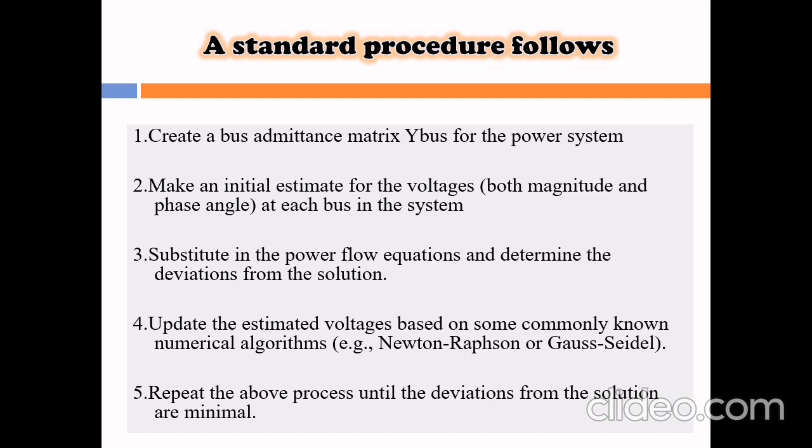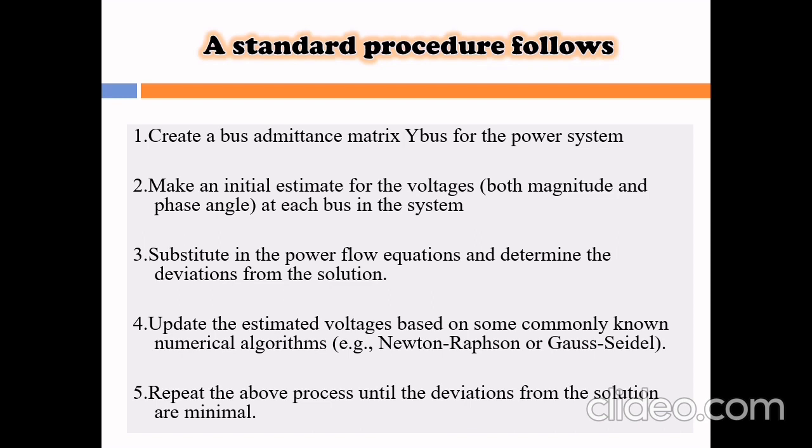That means whatever guess you made is to be substituted. Then find out the difference between the previous value and the present value. That is what we call the error. Deviations are nothing but errors. If the error is small, your guess is right. If the error is more, the guess is not in the range.